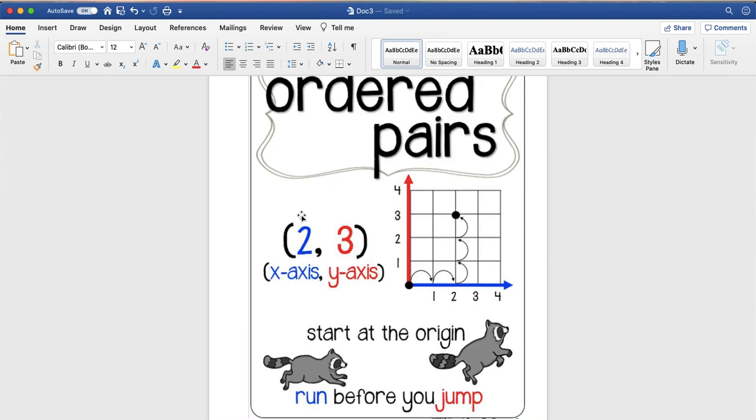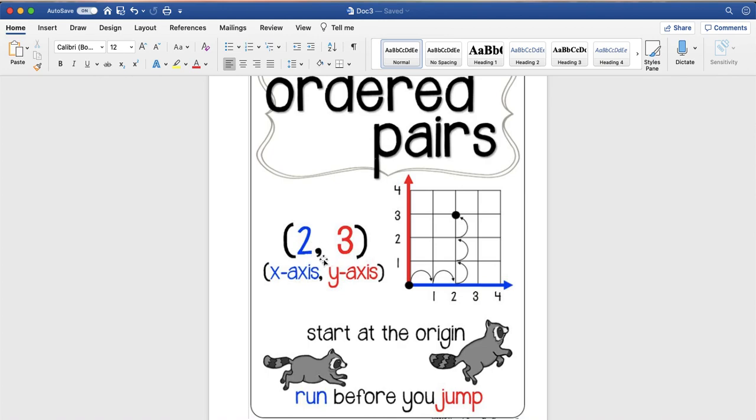Now, how we write an ordered pair is exactly as it's written over here in this example. These are parentheses, this black little curve over here and this black little curve. Our numbers: we only have 2 numbers, 1 and 2. They're separated by a comma, as you can see over here.